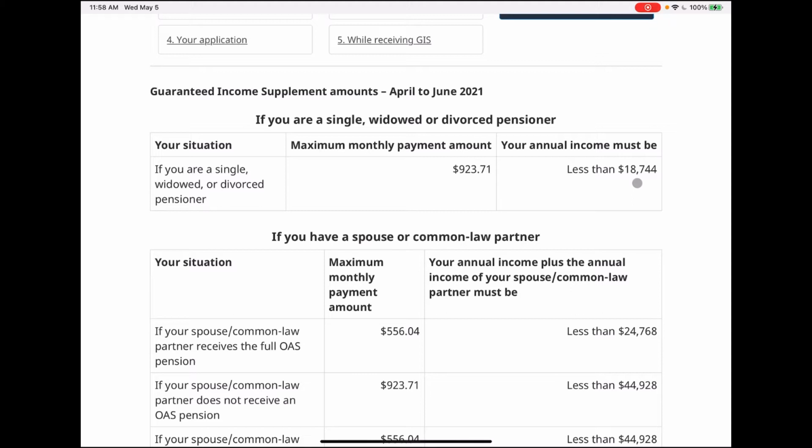And as I've shown in other videos, that would be the maximum you can make. So a person's GIS would only be very little. I think it's about $7.50 a month if you're making less than 18,000. So if you were making 18,000 something dollars, you would get very little Guaranteed Income Supplement.